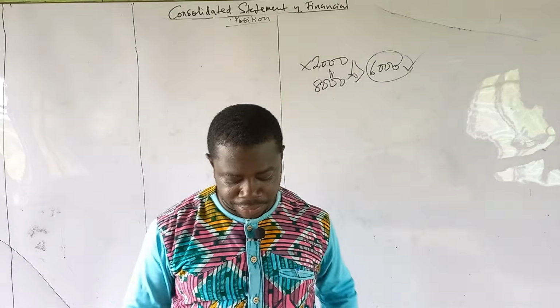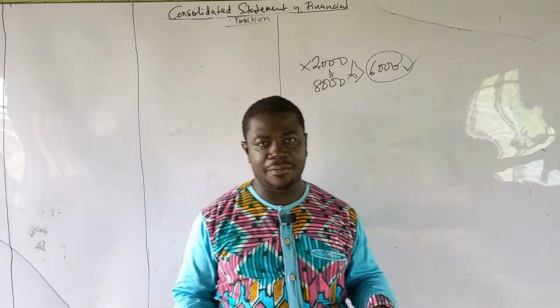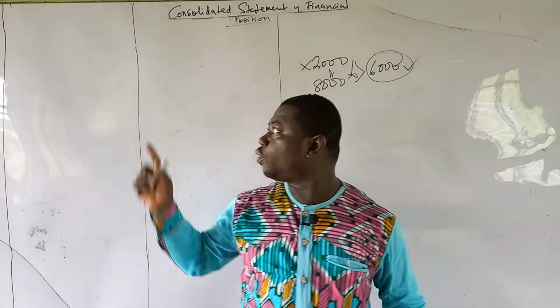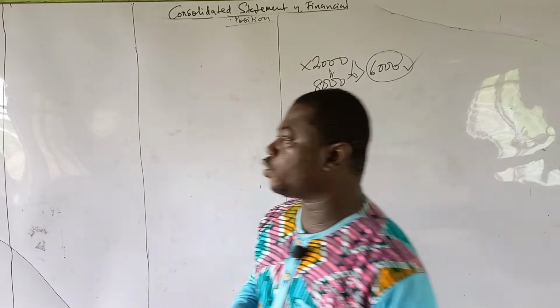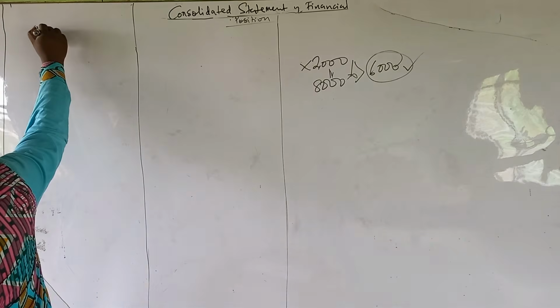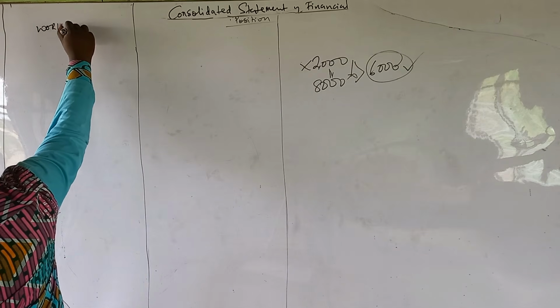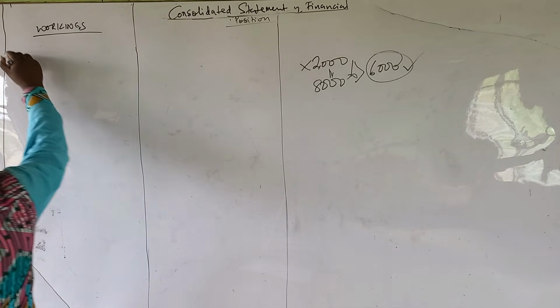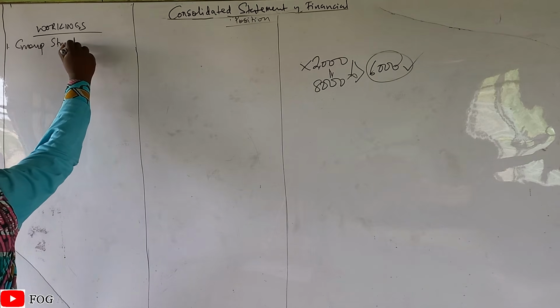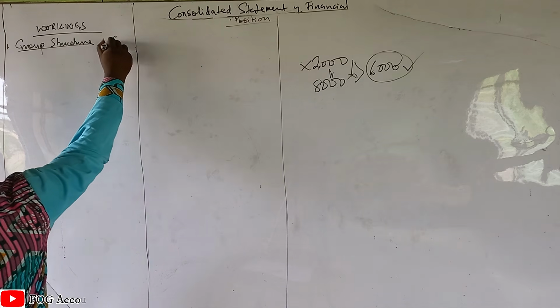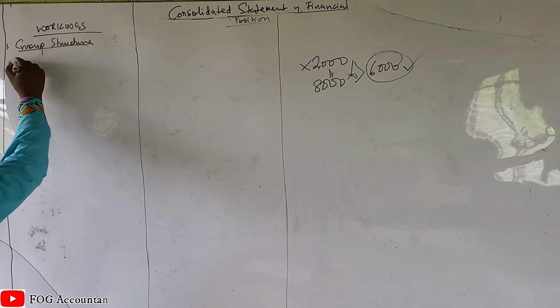So let's move on. This is the only addition that I have brought into this question. So we are going to solve it again and look at how it's going to go. We begin with our workings. We start with our group structure.